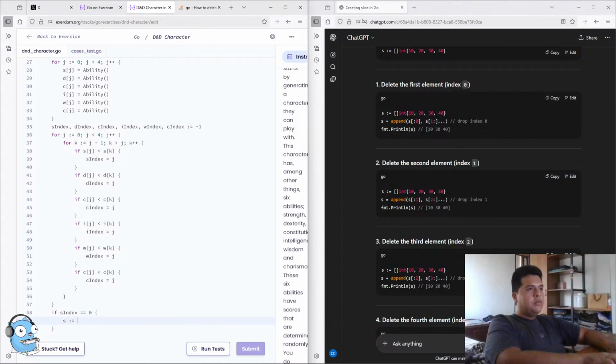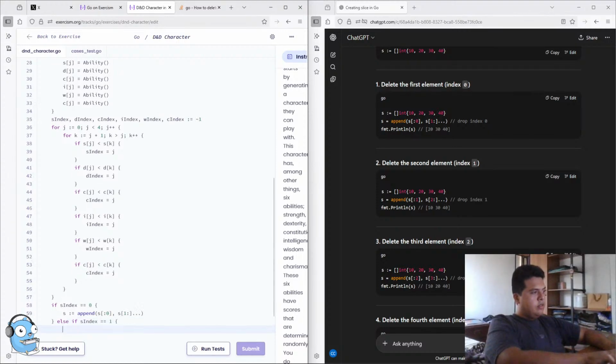S equals append 0. Else if s index equals 1, and from 1 to s.